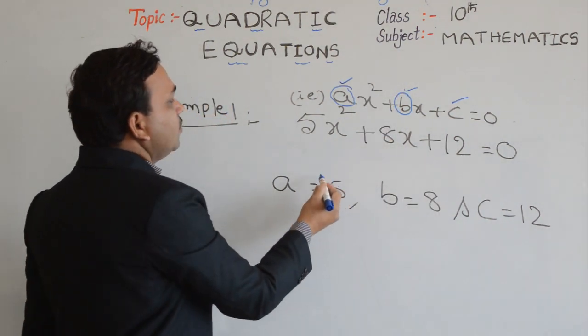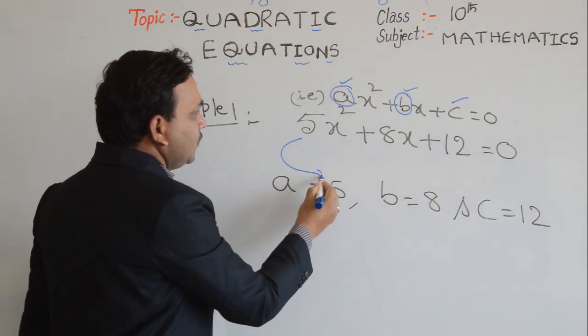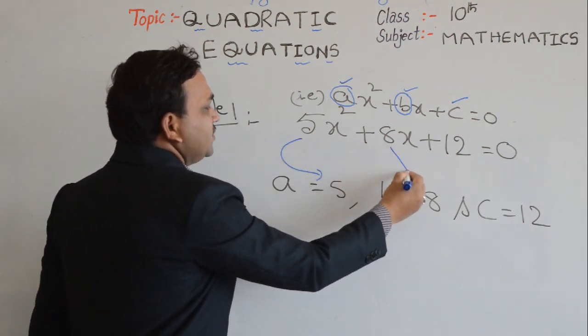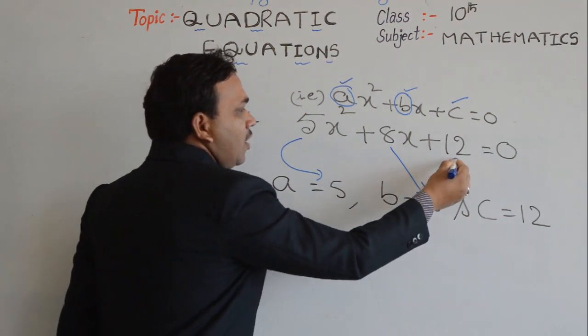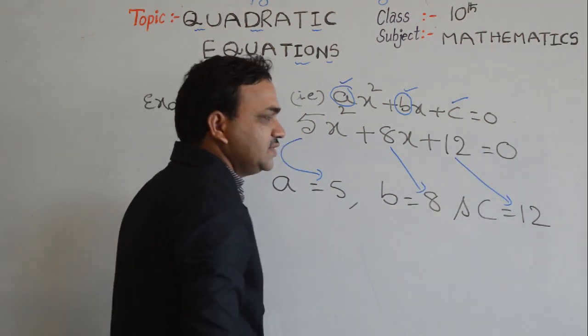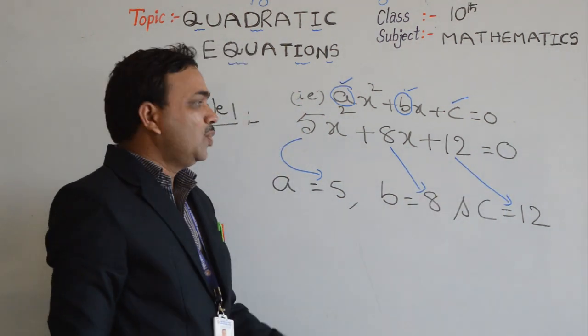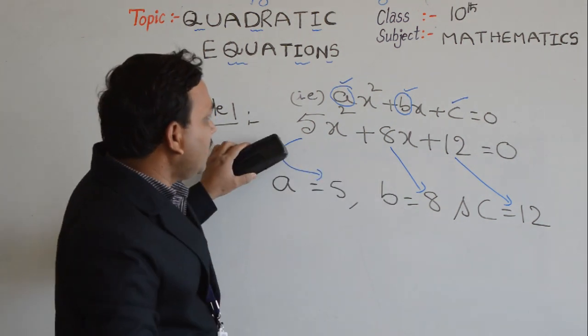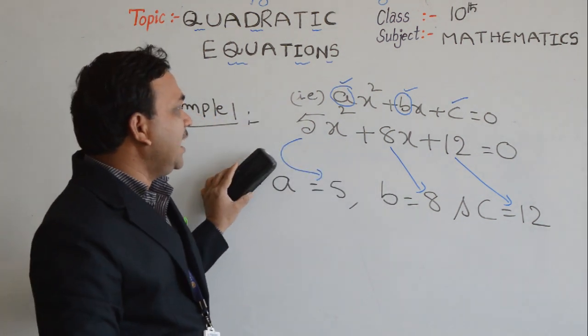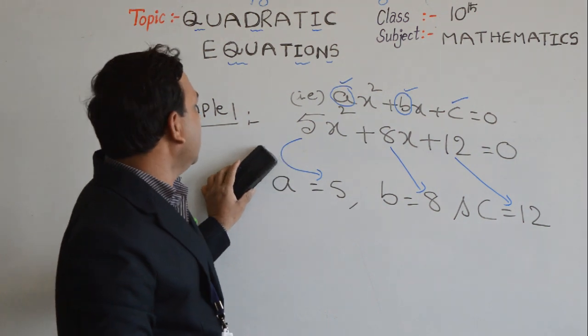So we can conclude that a is equal to 5, b is equal to 8 and the constant term c is equal to 12. This one is very easy for finding the a, b and c values.